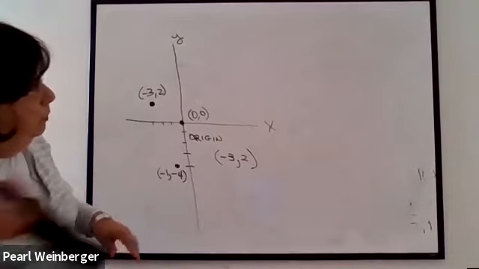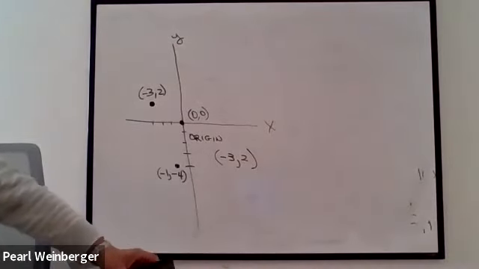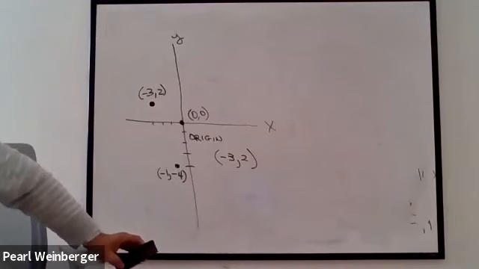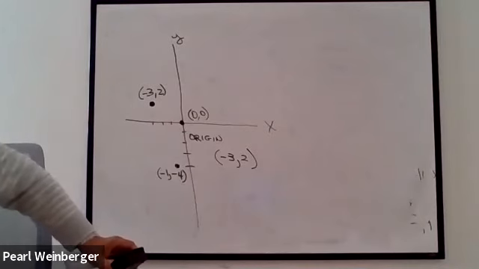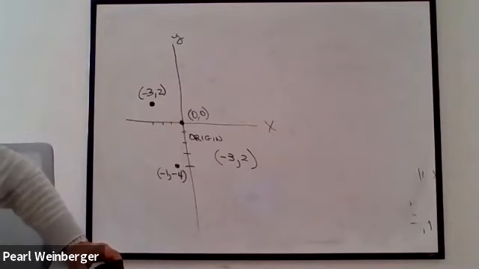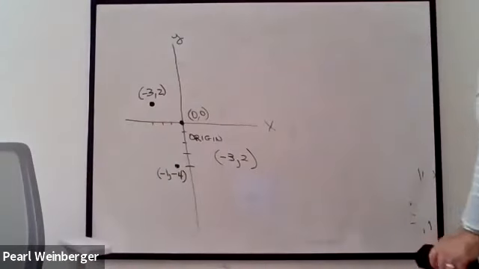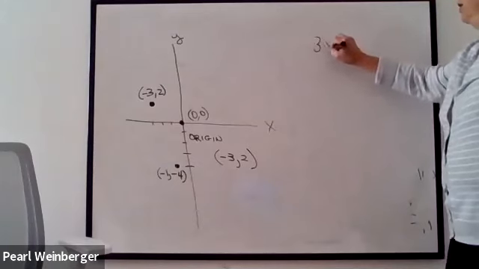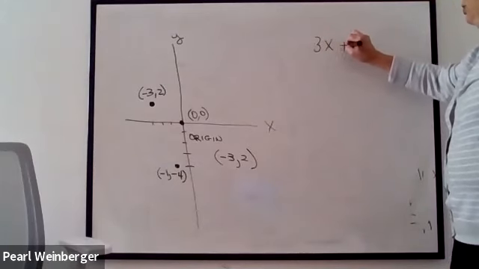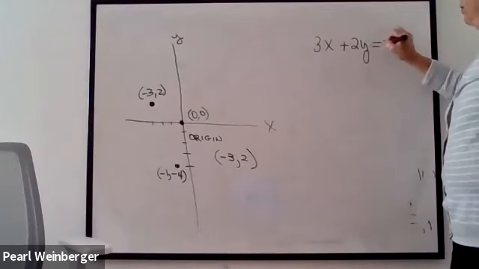suppose I gave you an equation that looks like this: 3x plus 2y equals 6.